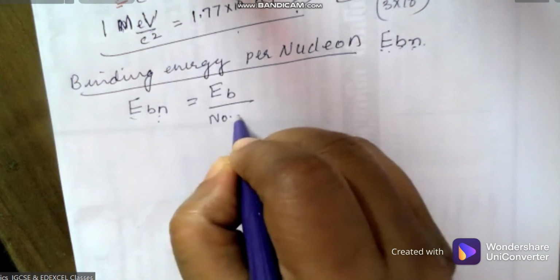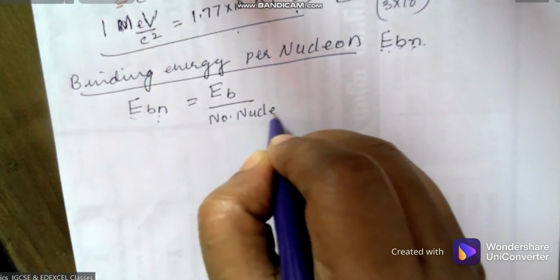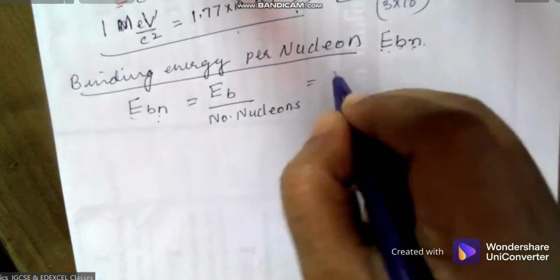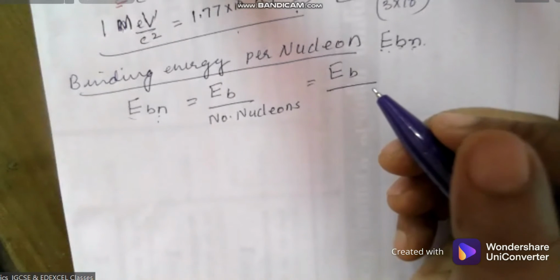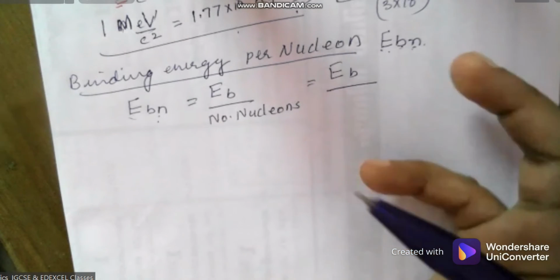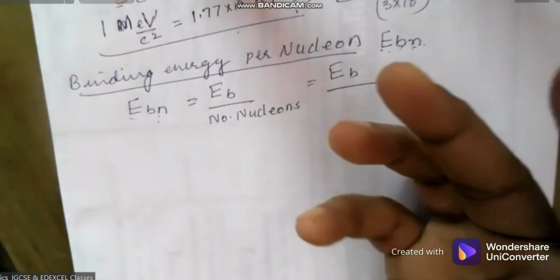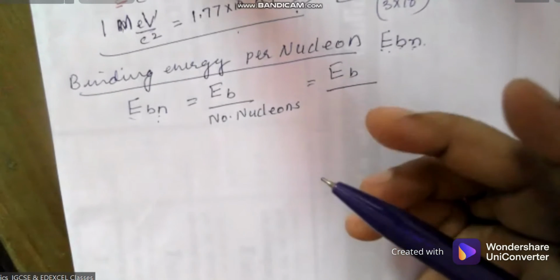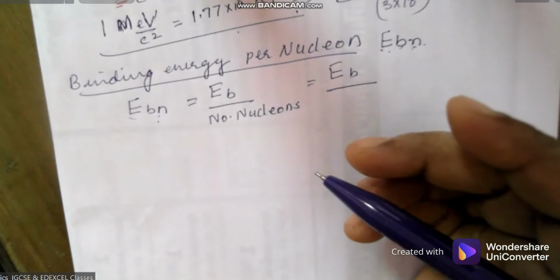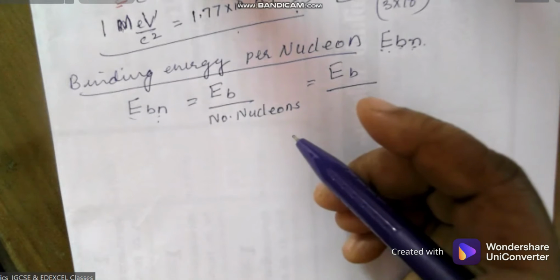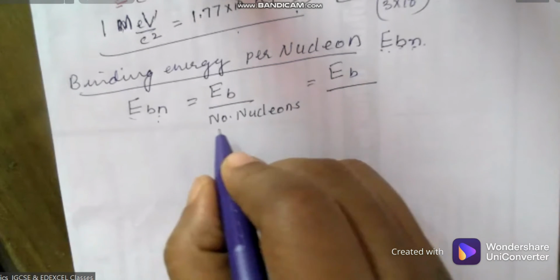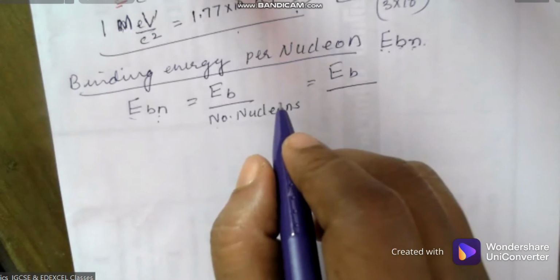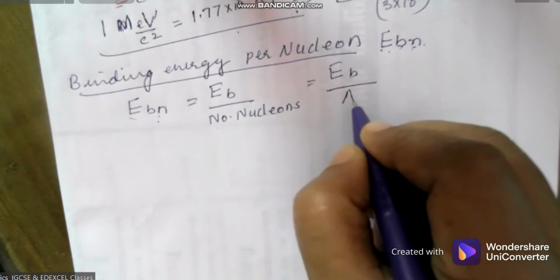What is the number of nucleons commonly called? The number of nucleons is otherwise called mass number.